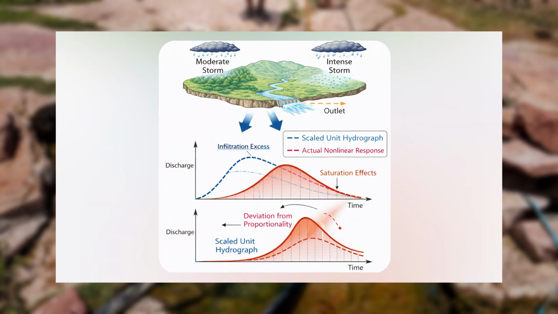Another important limitation is associated with the assumption of linearity between rainfall excess and runoff. The unit hydrograph theory presumes that runoff is directly proportional to effective rainfall and that hydrographs can be scaled up or down accordingly.